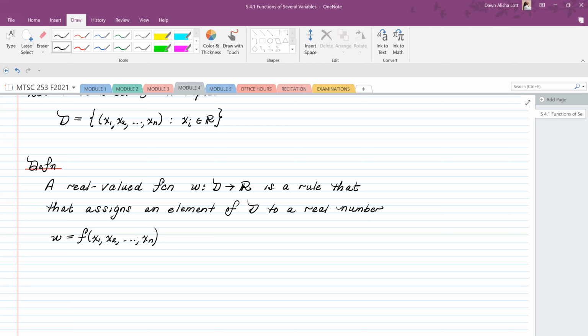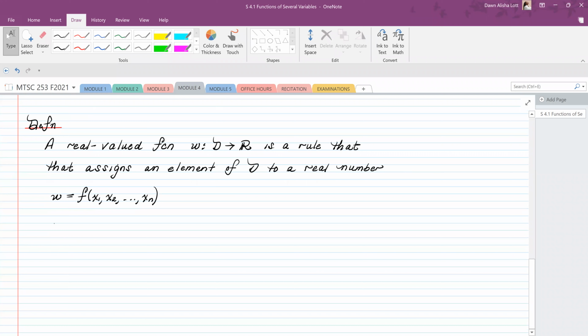So the set that W acts on, which is D, is the domain of F. And then W, which is F of something, is in the range. And so the range is the set of all W that are F of something.